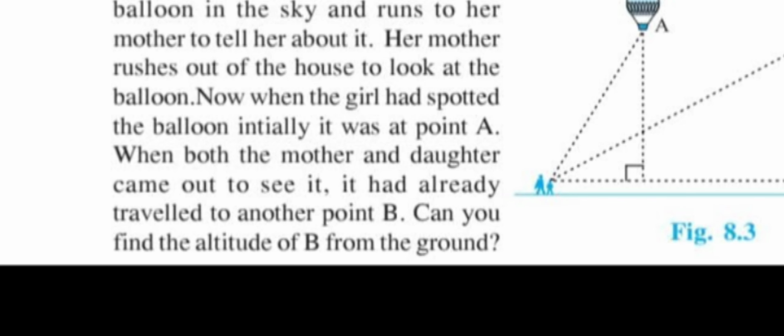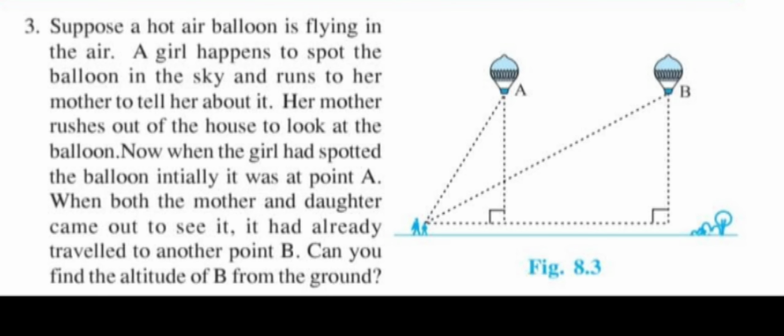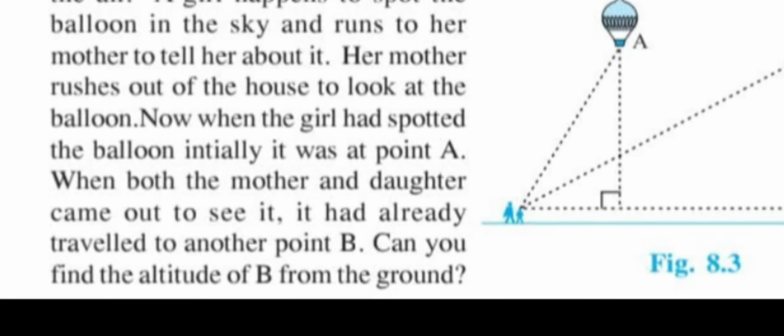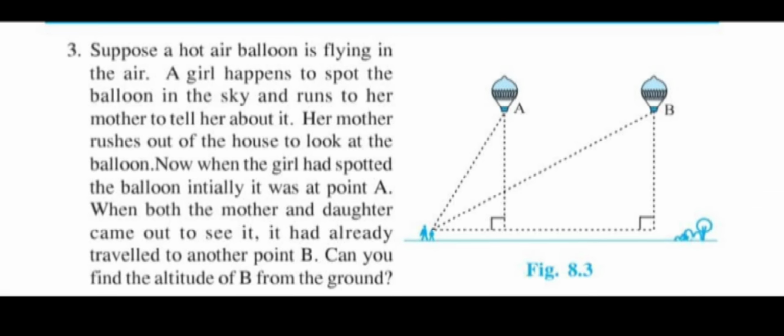The third example is, suppose a hot air balloon is flying in the air. A girl happened to spot the balloon in the sky and told her mother about it. Her mother rushed out of the house to look at the balloon.